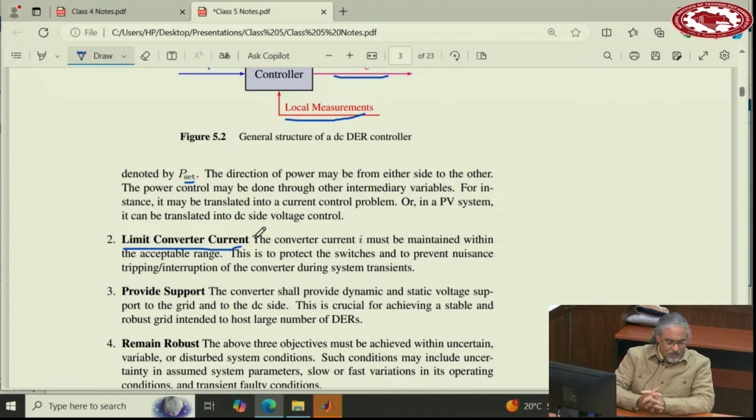Power electronic switches cannot tolerate a current much larger than the rated value. They have very limited capacity beyond it. If the rated value is 10 amperes, you are not supposed to expose the switch to more than 12 or 13 amperes.